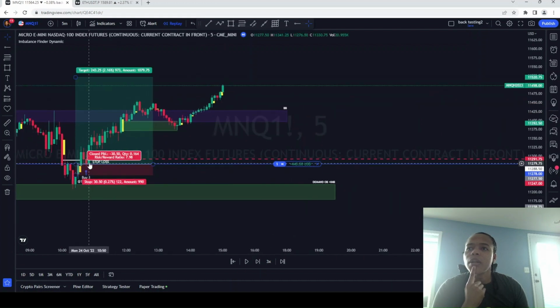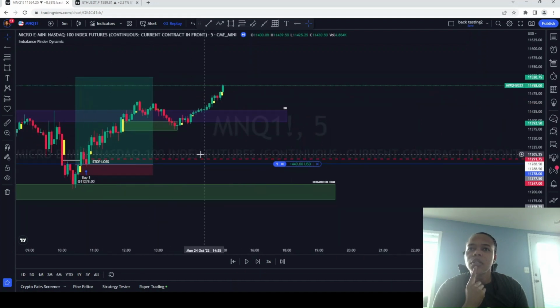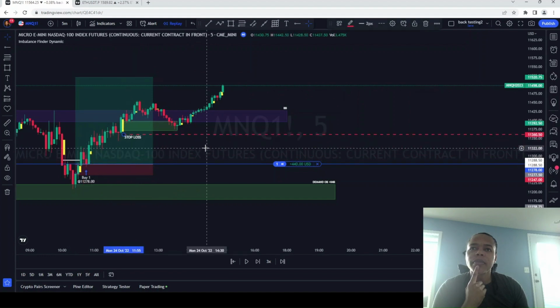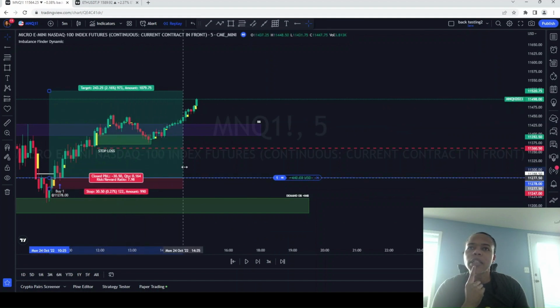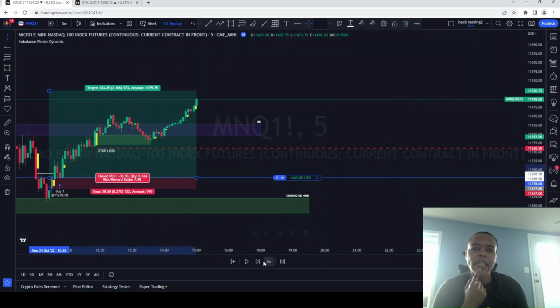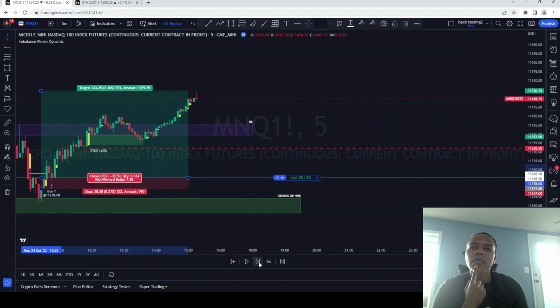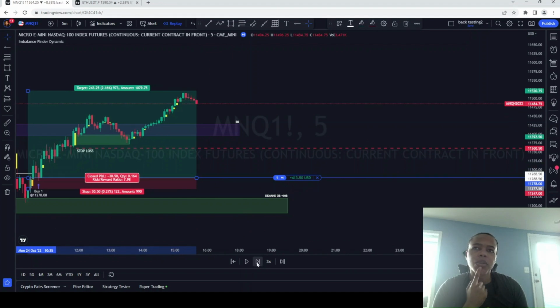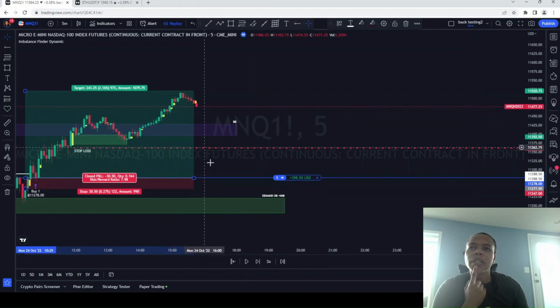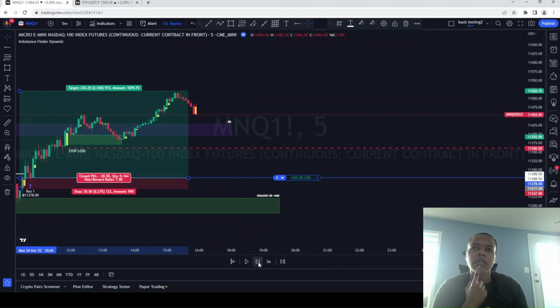Okay, so now I would have moved my stop loss to right below here. We're getting close to our objective. Wow, really? Did we get it? No, we haven't gotten it yet. We're close. Coming back down to eat some stuff.